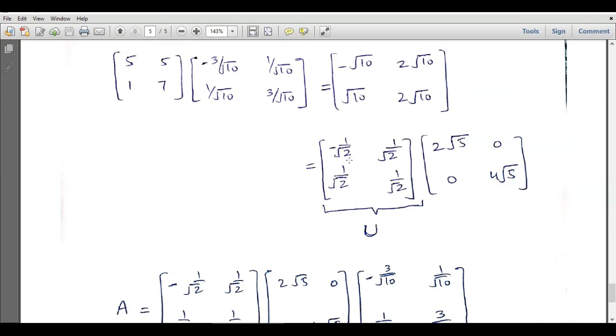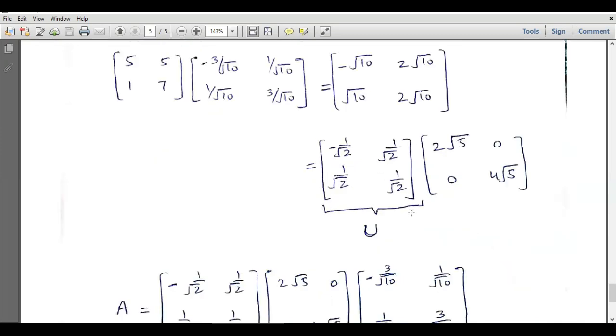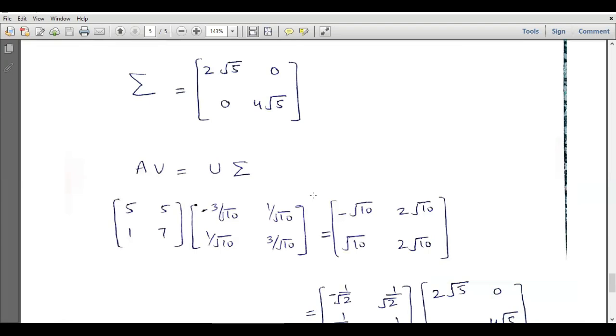Conversely, you can multiply this U matrix with this sigma matrix, and then you will get this AV matrix, the product of A and V matrices. So that is another way of evaluating this U matrix. But I will recommend you to evaluate this U matrix by first evaluating the inverse of the sigma matrix, which is equal to 1 by 2 square root 5 and 1 by 4 square root 5 and 0, 0 over here.